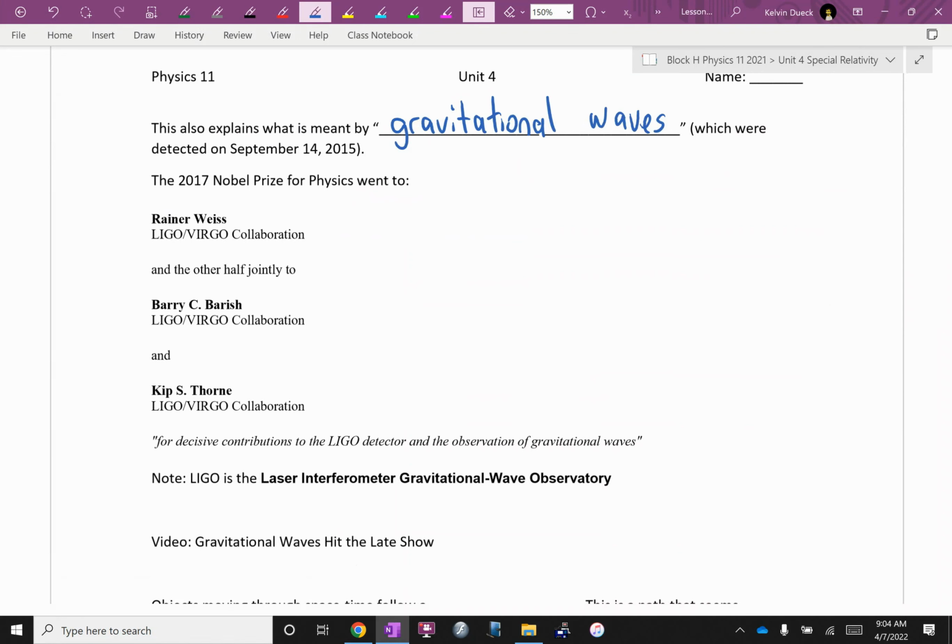So in 2017, the Nobel Prize for Physics went to Rainer Weiss, Barry Barish, and Kip Thorne for detecting gravitational waves. They were predicted by Einstein's equations. Einstein, in fact, wrote a paper on it, I think around 1920 or 21. Put your pencils down, look up. That's gravitational waves.